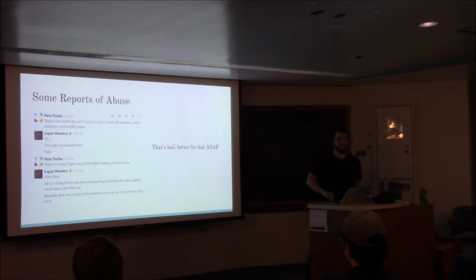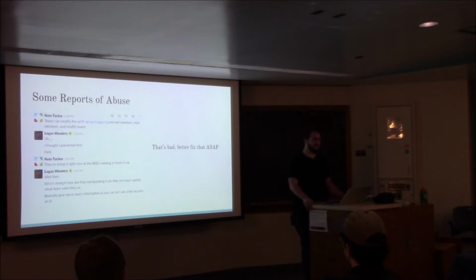So that's not good. At this point, I was not here. I was at home doing exams and quizzes and stuff because midterms. But at this point, I got out my laptop and started writing a fix for this, trying to figure out why it was happening.